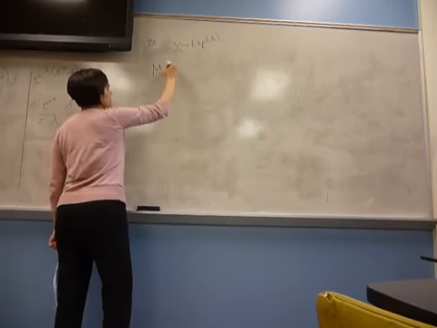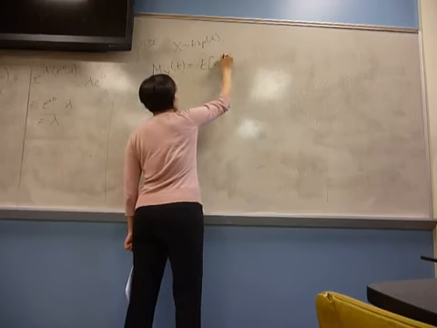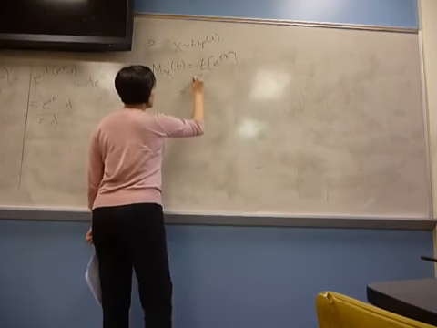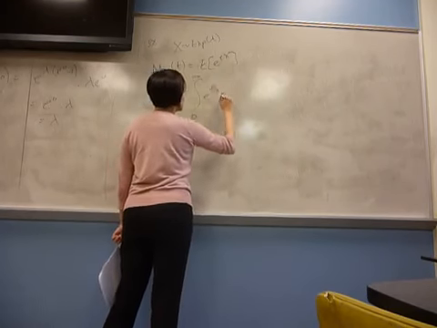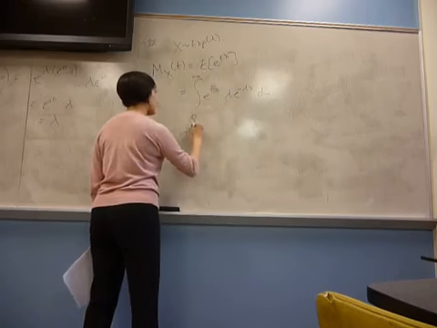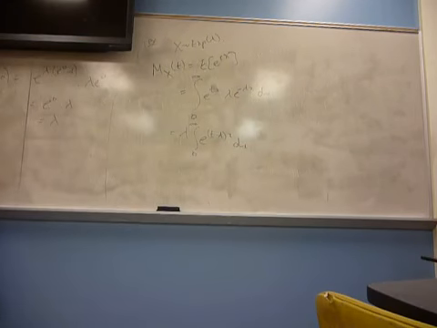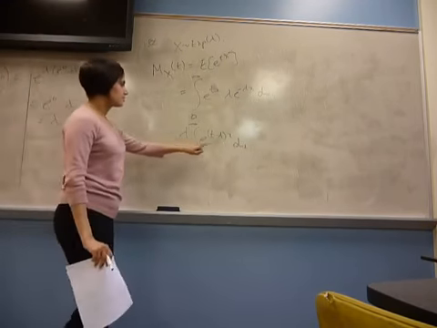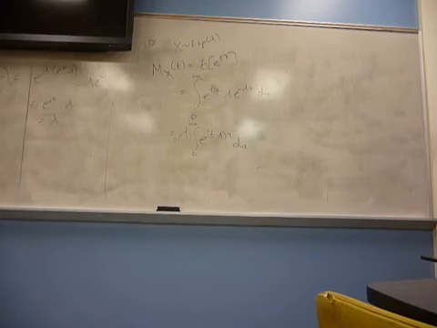Let's calculate the moment generating function of X. If you keep differentiating, you keep ending up with one.